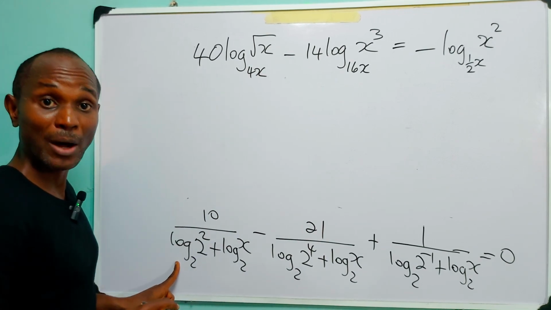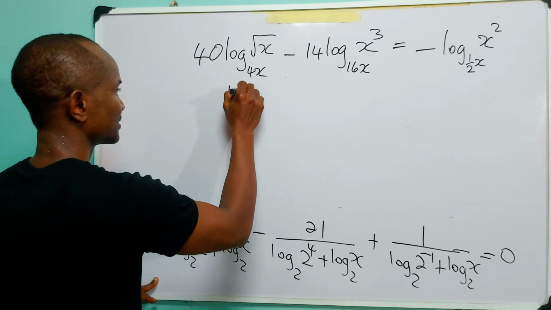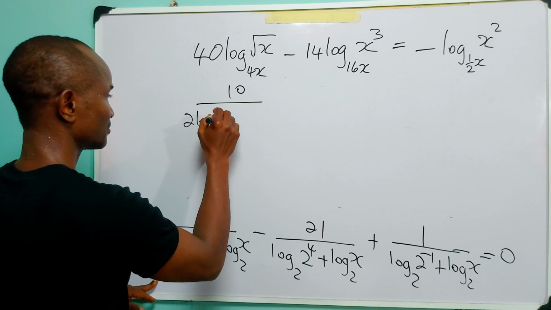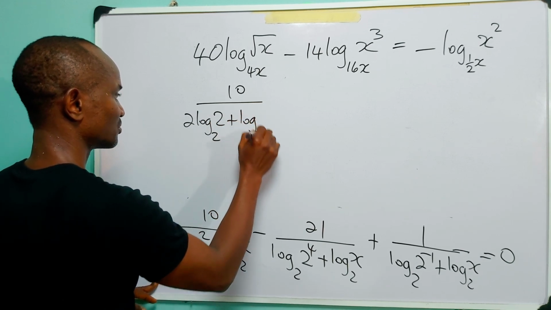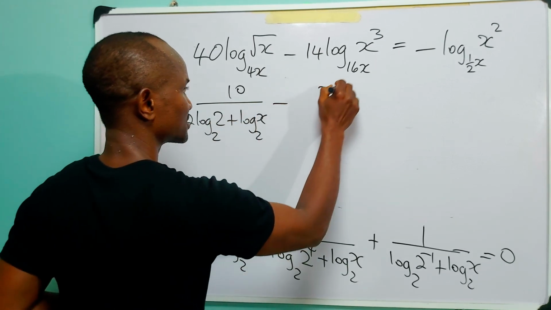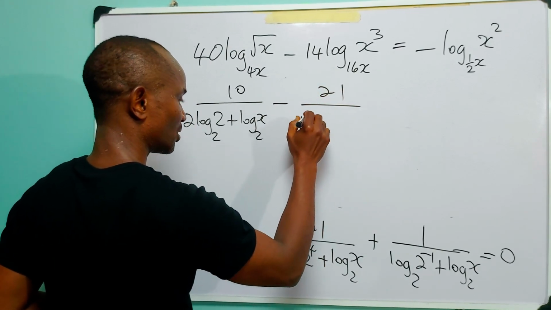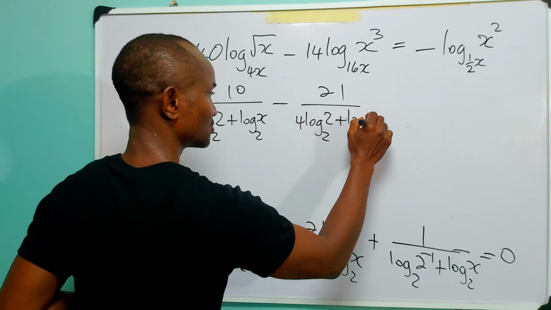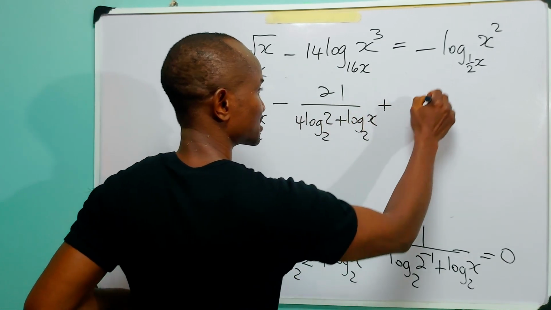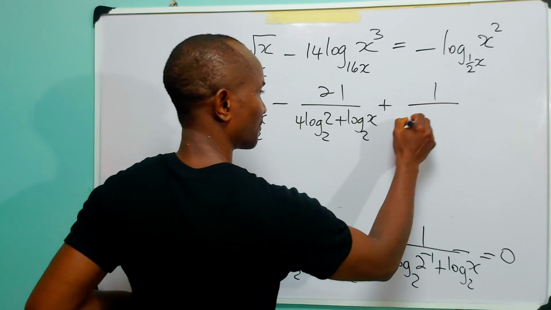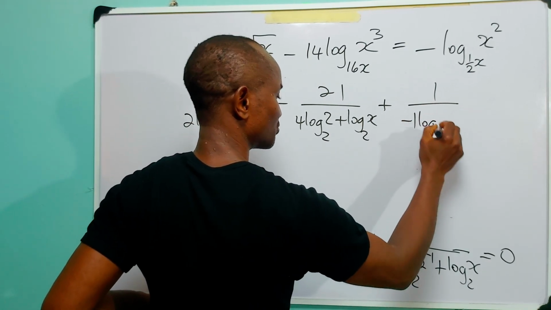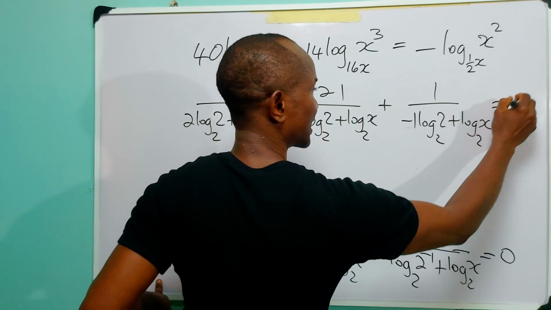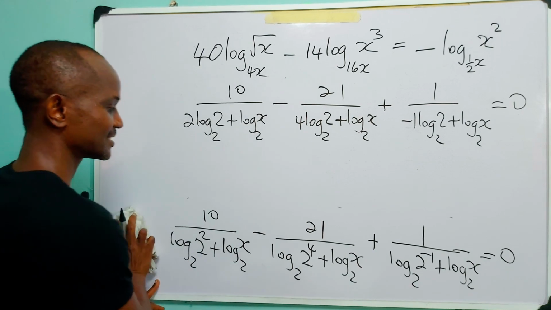Now, once more, applying the power law, we can write this as 10 over 2 times log to base 2 of 2 plus log to base 2 of x, minus 21 over 4 times log to base 2 of 2 plus log to base 2 of x, plus 1 over minus 1 times log to base 2 of 2 plus log to base 2 of x, and everything still remains equal to 0.